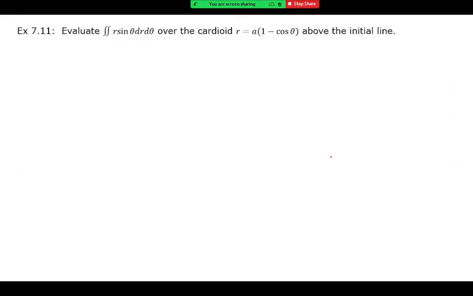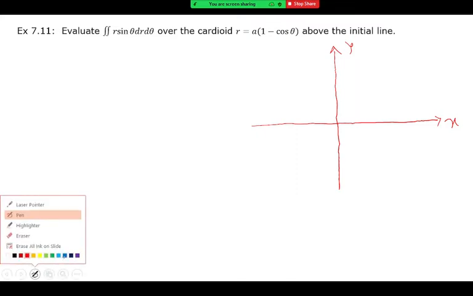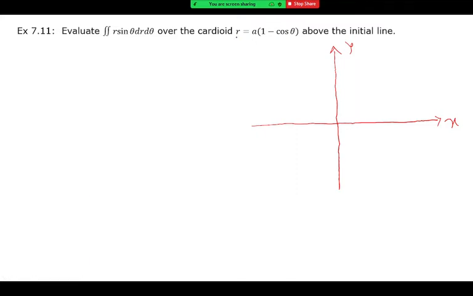Tell me the type of this cardioid: r equal to a into 1 minus cos theta. It is known as a left-hand cardioid, along the negative x-axis.